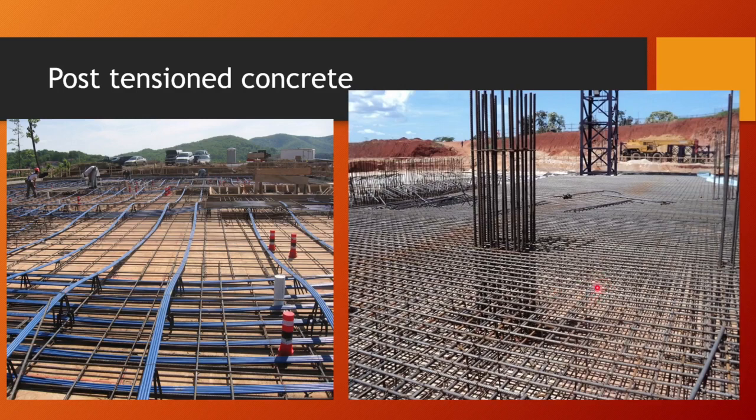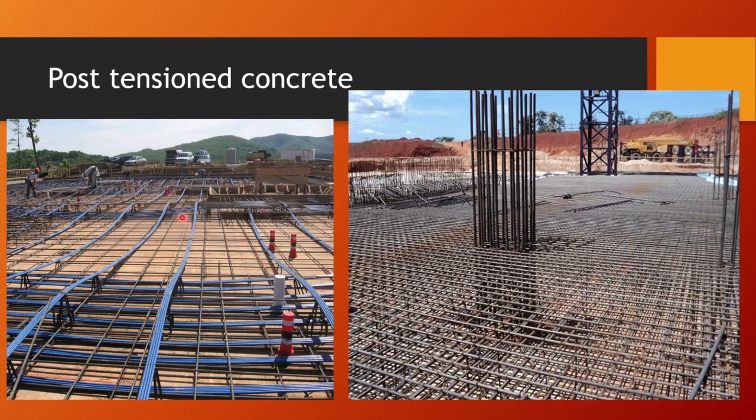This wouldn't be as strong as the post tension, and you can see in the environmental sense and cost sense, this is going to be way heavier in terms of cost and use of materials, because you can see clearly how much steel is involved with that one.